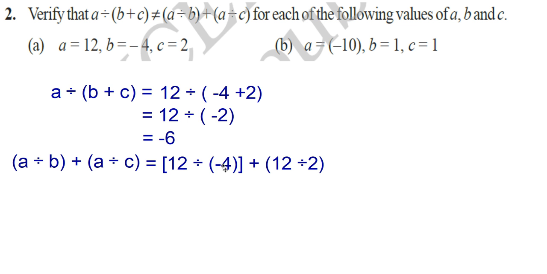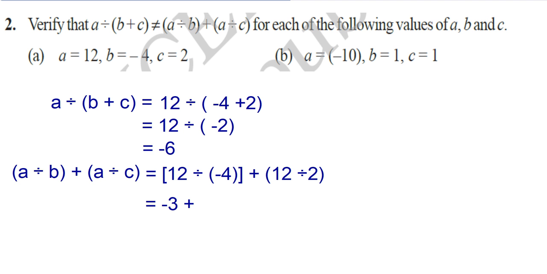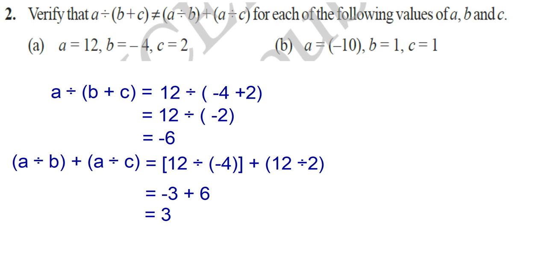What is 12 divided by negative 4? 12 by 4 is equal to 3. So, different sign. This you can write as negative 3 plus, now what is 12 divided by 2? Yes, it is 6. So, this is negative 3 plus 6.